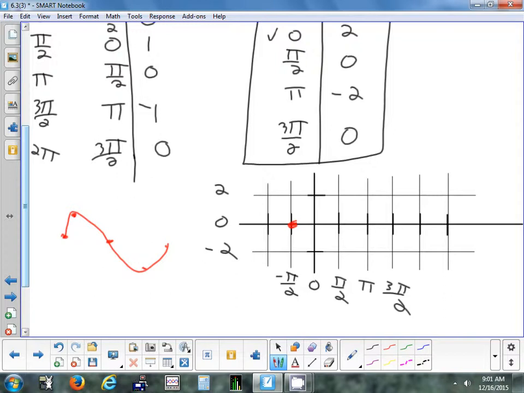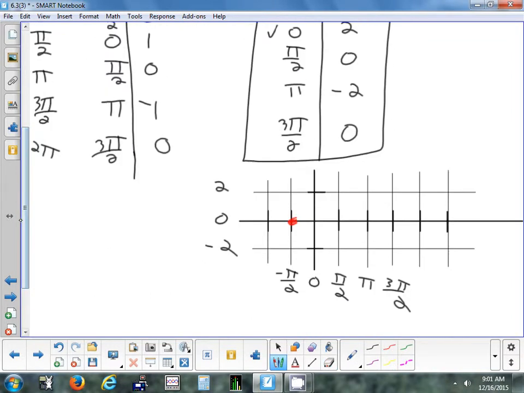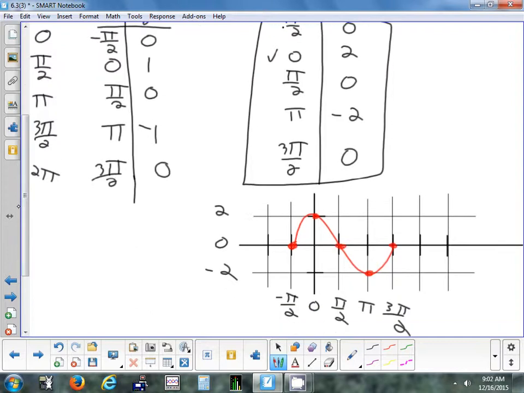Okay, they all have to be spaced evenly. All right, so 0, 2, pi over 2, 0, negative 2, back to 0. Okay, any questions on that?